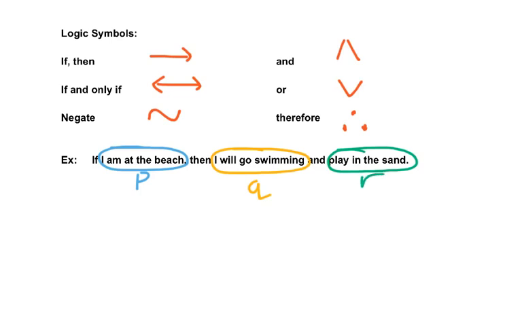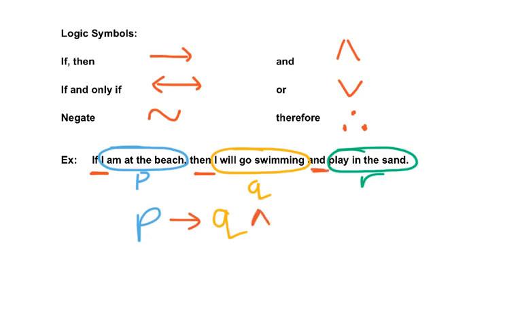Alright, so we know that our arrow is our if-then. So our arrow is going to create this if and the then. So we have P, arrow, Q. And that gets us, if I am at the beach, then I will go swimming. But we also want to play in the sand. So we need to throw in our and symbol.